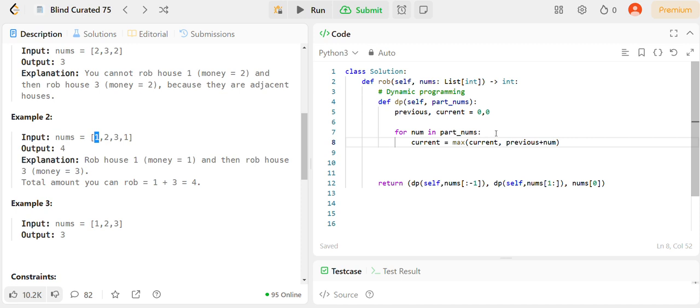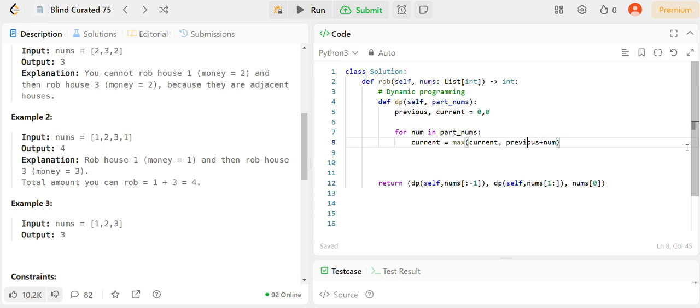So we compare the current maximum with the previous maximum plus this house.